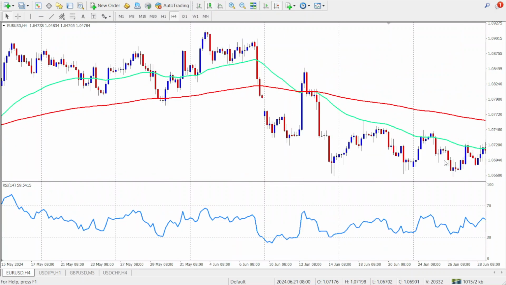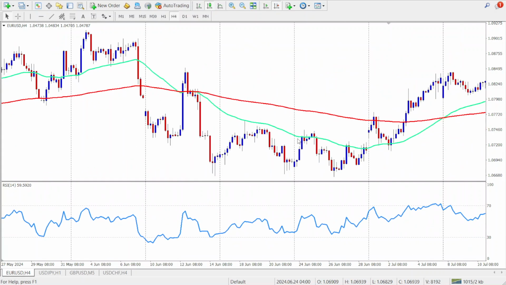Then for a sell signal, which is a short position, wait for the 50 MA to cross below the 200 MA, okay, signaling a potential downtrend. Then you check the RSI, ensure it is not in the oversold zone, okay, that is below 30. The RSI should be moving below 70, but not yet near oversold levels, okay.